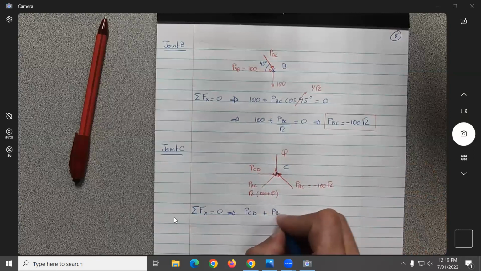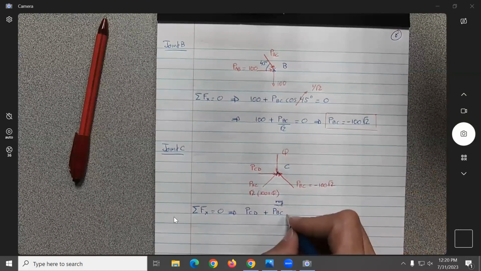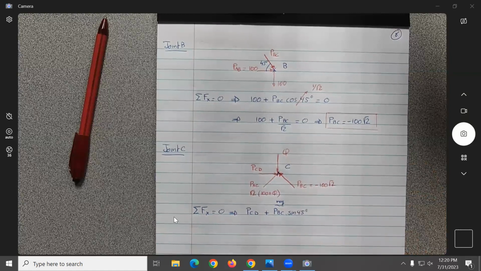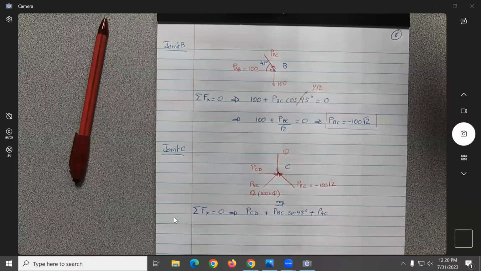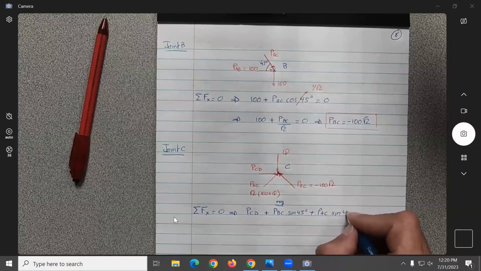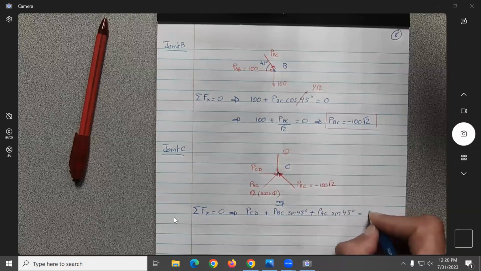PBC magnitude times sine 45 plus PAC sine 45 equal to 0.